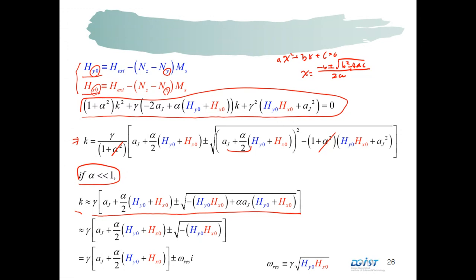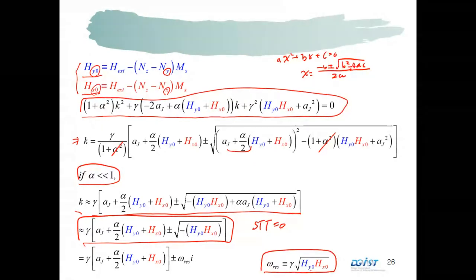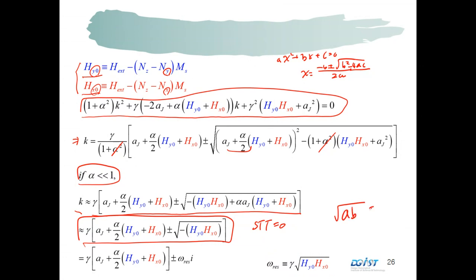So now we are getting close. So if we have no STT, then you can obtain an even simpler form. Okay. And let's introduce a new variable, the multiplication of x and y h 0 with the root. Then if we have this form, we call this the geometrical average.